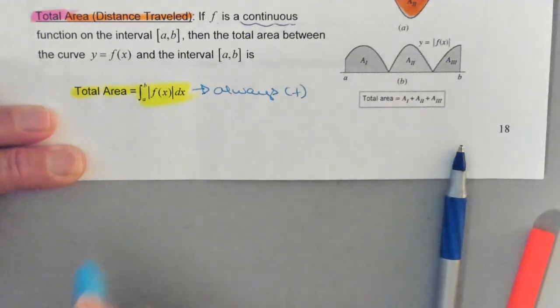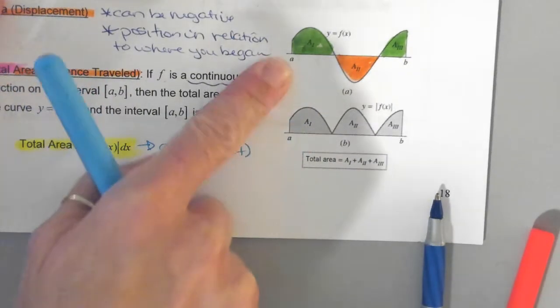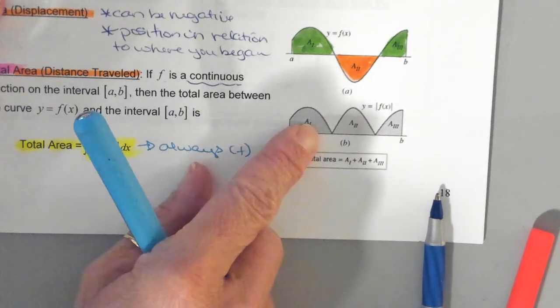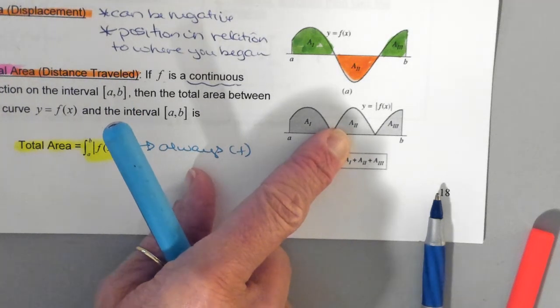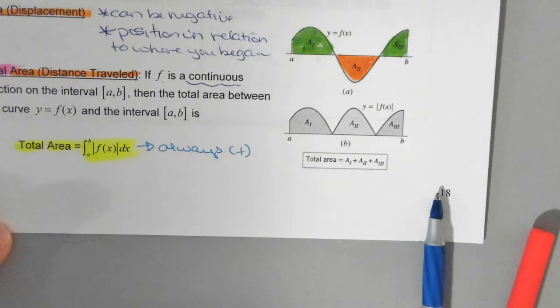Okay, so see how if these two are the same graph, they took this area and flipped it up. So it moved up to the top. Questions? Okay, so total area cannot be negative.